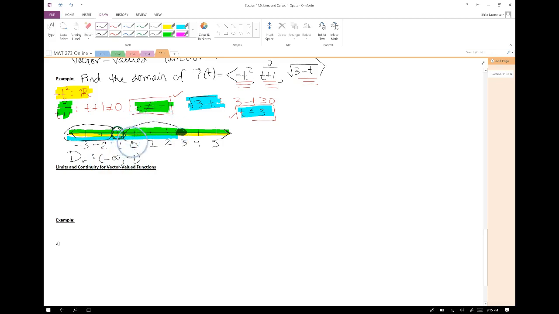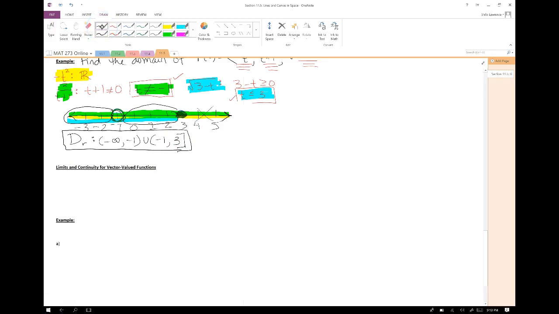And then this section here got colored three times as well. That section goes from negative 1 to 3, and 3 is a colored in circle, so we can put a bracket on that. And then this section we can't use because it was not shaded blue, so it couldn't be used for our third component function. So the 2 sections that got colored for all 3 component functions were the t values from negative infinity to negative 1, and then negative 1 to positive 3.